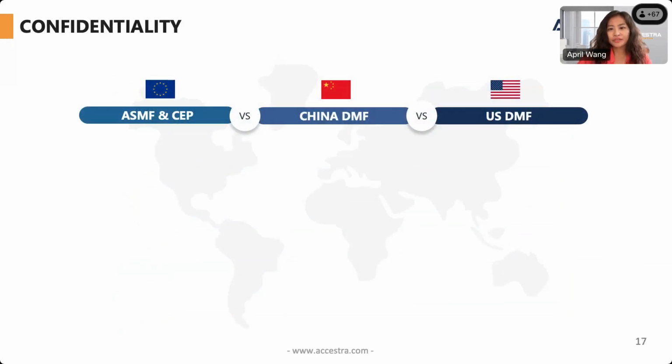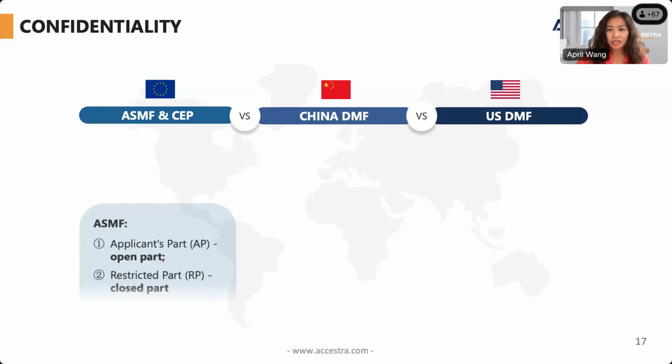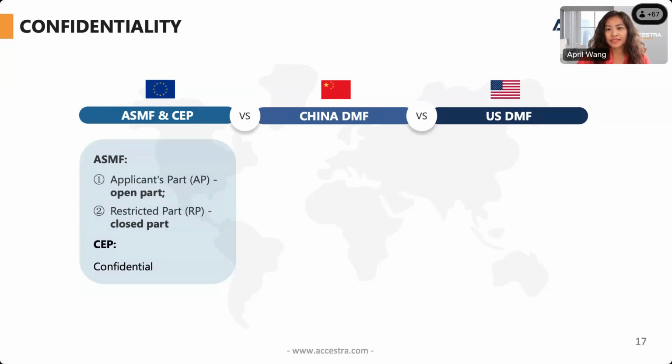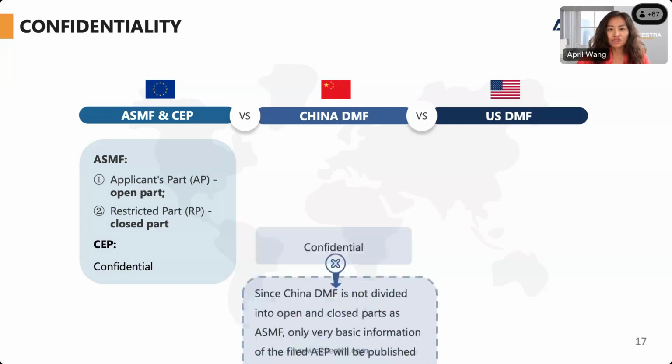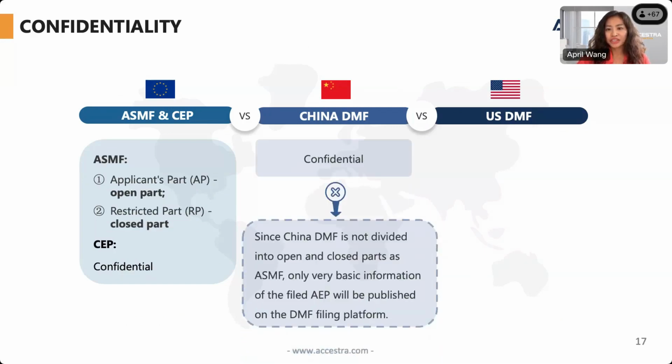So the third difference is confidentiality. In the EU, ASMF is divided into applicant part and restricted part, also known as open and closed part, respectively. The China system here is more similar to the US and EU CEP, in that we only have a confidential part, which is not divided into open or closed part.